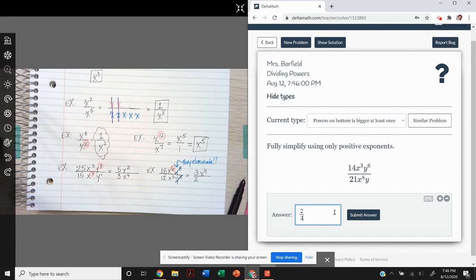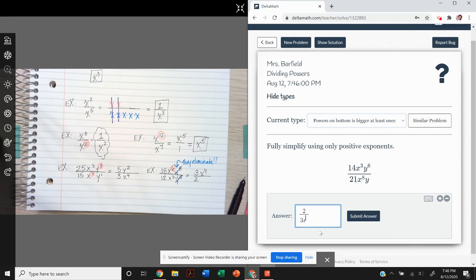Now I have x to the 3rd on top and x to the 8th on the bottom, so 8 is bigger. So if I move my arrow key, x is going to be on the bottom and 8 minus 3 is 5. So shift 6, 5.